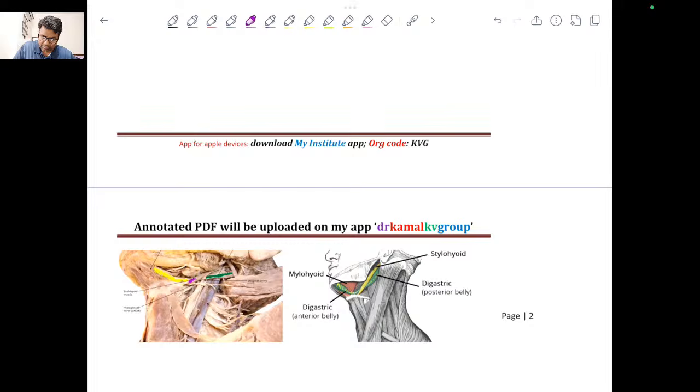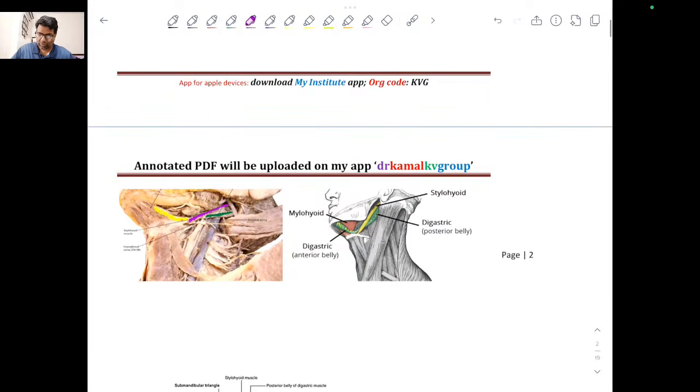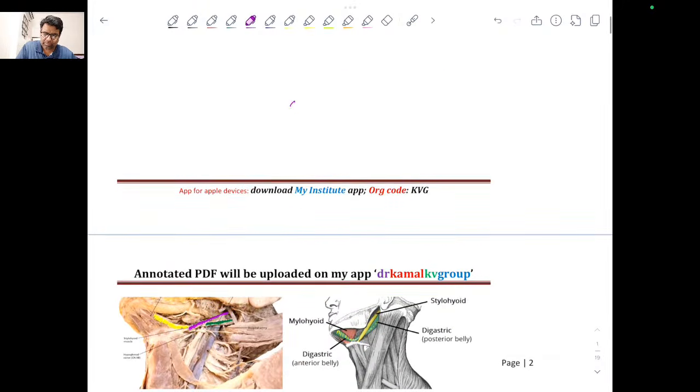one more muscle which is coming like this, coming from the styloid process. This is the stylohyoid muscle, right? So what we can see here, the anterior belly of digastric and the posterior belly of digastric, and in between the two you can see the stylohyoid muscle. The nomenclature of stylohyoid is very easy.